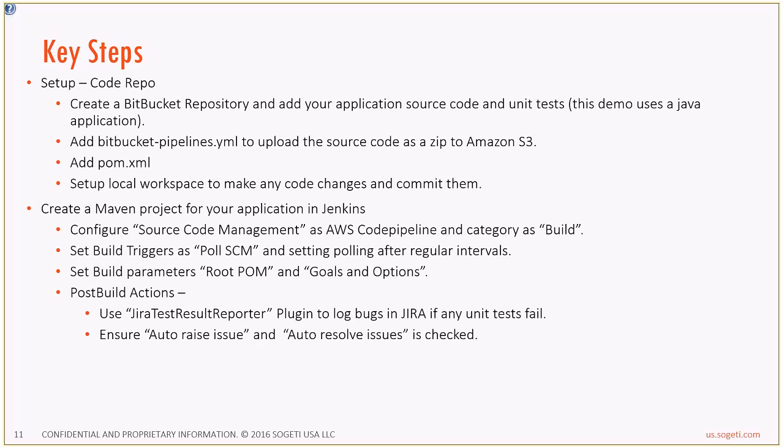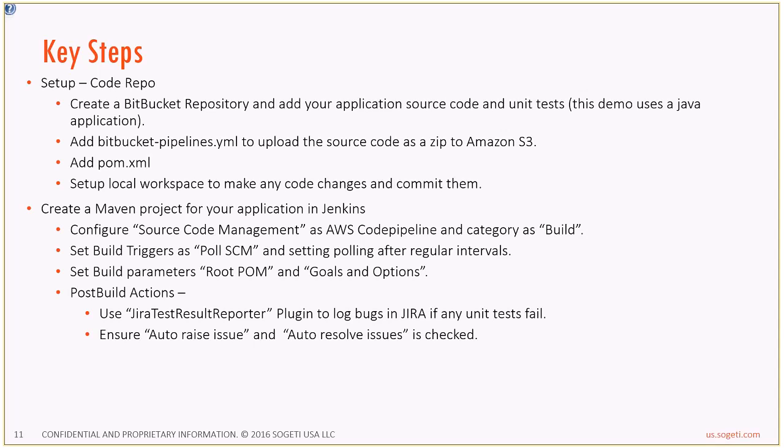And finally, we will set up our local workspace to make any code changes and commit them. Now for this demo, we have created a separate VM wherein we have set up a complete dev environment. But if you want, you can certainly create your own local workspace on your laptop or your desktop.